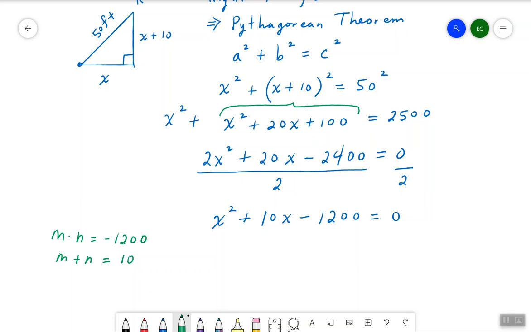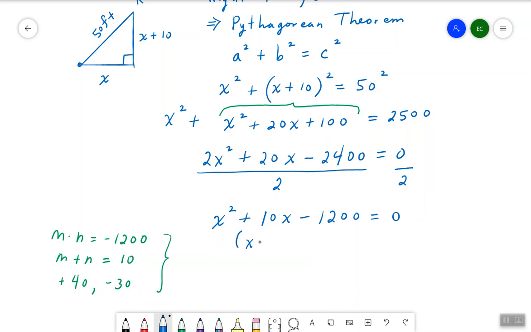So let's see here, 30 times 40 is 1200, and the difference between 30 and 40 is 10. So that should work. We just need to make sure that we have our signs right, that we have a positive 40 and a negative 30, and that'll do it.